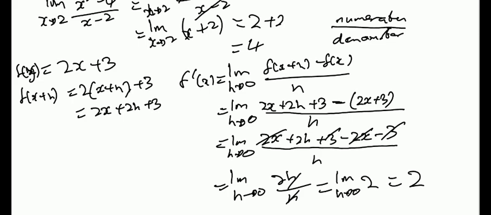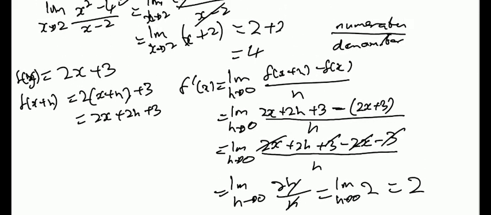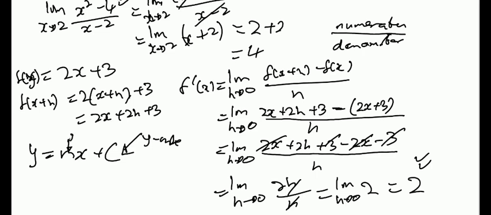I hope you understand. So now we said from first principle we find the gradient, which is the first derivative. We found 2 as our gradient. We know that the gradient of a straight line is constant all the way. Remember our equation was of the form y is equal to mx plus c, where c is our y-intercept and m is our gradient.